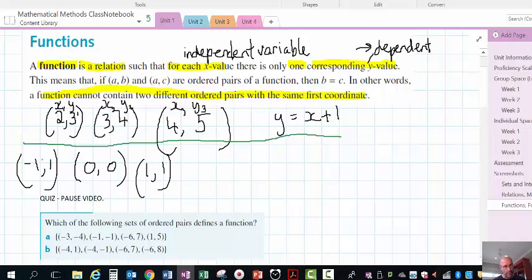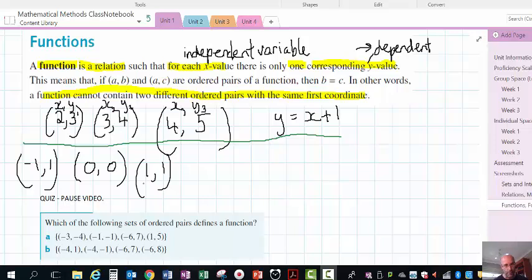This x value is negative 1, and the y value is positive 1; then 0, 0. And now what about this last one, (1, 1)? Well, every x value has a different y value. So it is still true, it is still a function. It's easy to see that because all the x values are different, so we don't have to really worry.